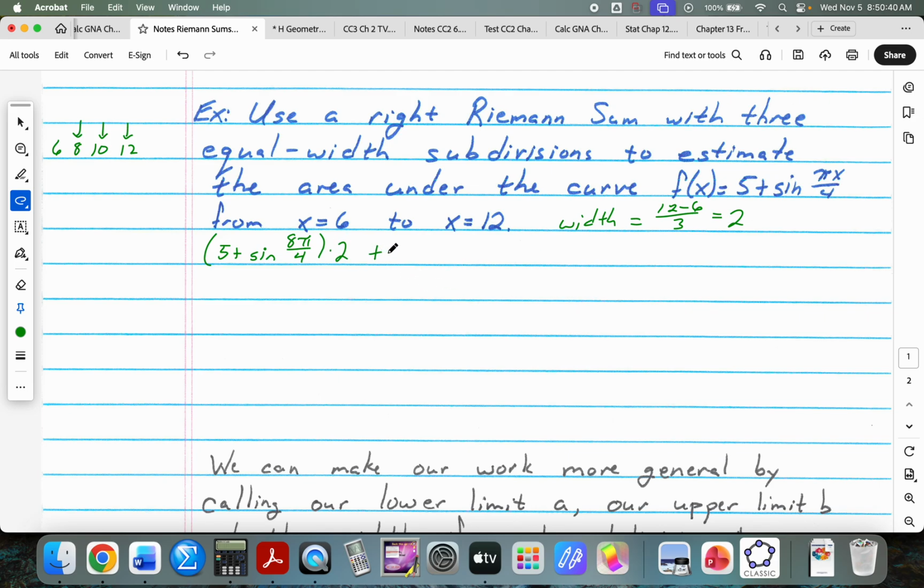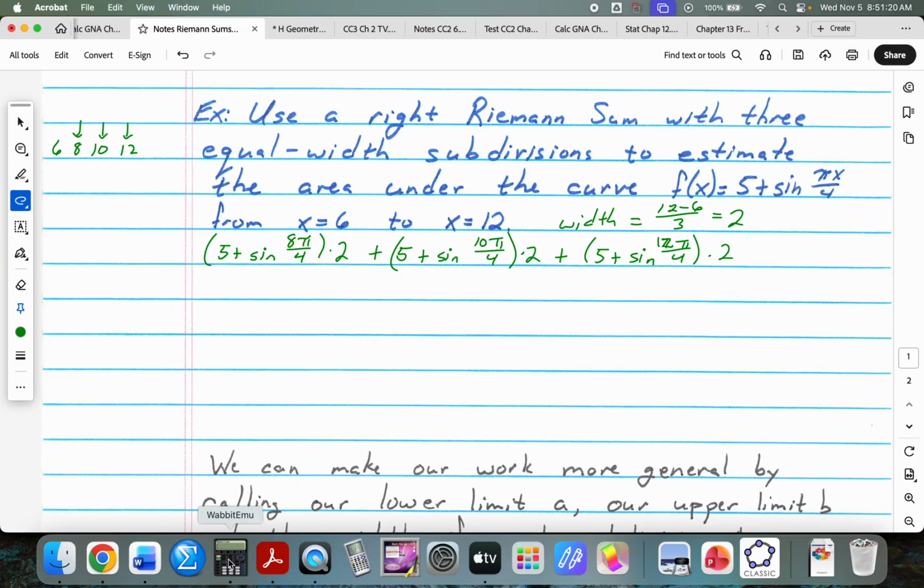And then the next one will be plus 5 plus sine of 10 pi over 4 times 2, because that's the width, plus the height of the last one, which will be 5 plus sine of 12 pi over 4 times 2.